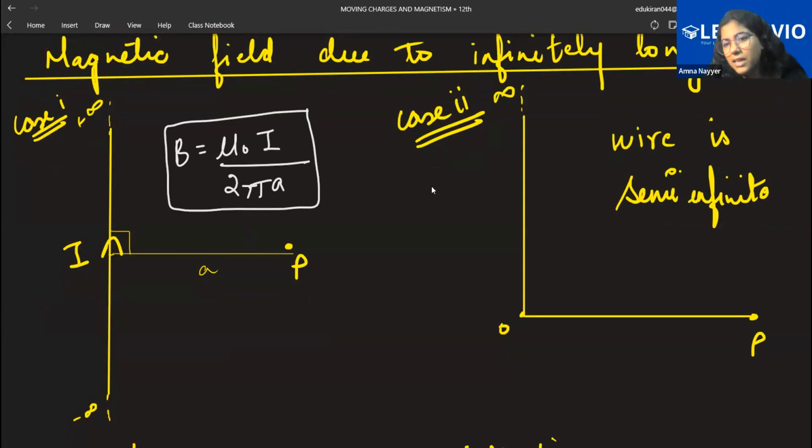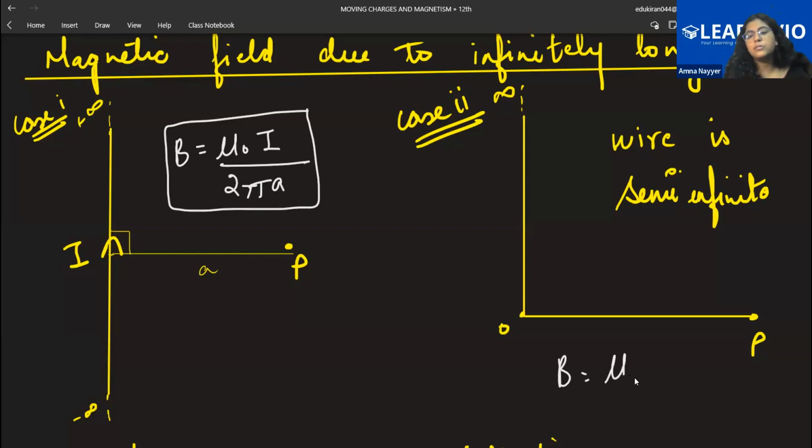What is a semi-infinite wire? A semi-infinite wire is a wire which has one end proceeding towards infinity, but the second end is fixed. And the point which we are calculating is near the fixed end. All right. So that is the semi-infinite wire. See, infinite is mu naught I by 2 pi a, so for semi-infinite, it will be half.